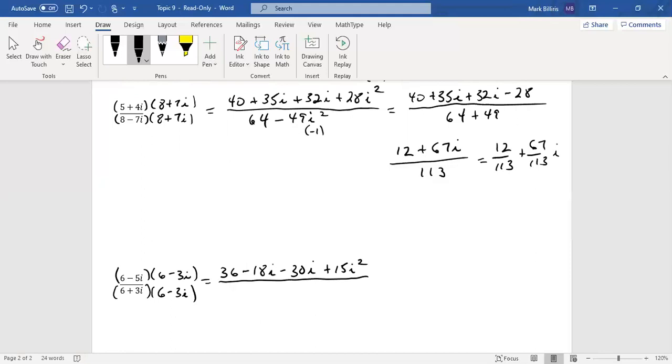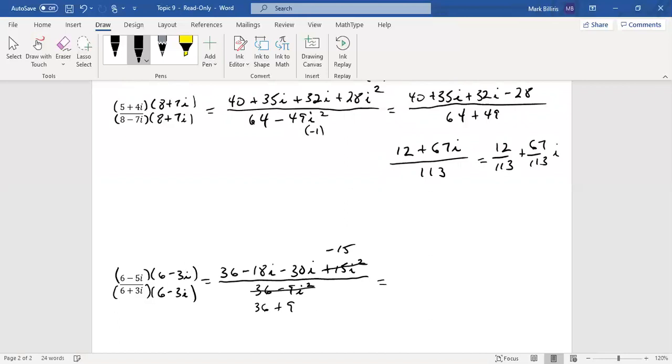All I have to do is multiply the first two together. So 6 times 6 is 36. And positive 3i times negative 3i gives me negative 9i squared. Keep in mind again, i squared is negative 1. So in the denominator, this would change to 36 plus 9, since negative 9 times negative 1 is positive 9. And in the numerator, 15i squared is 15 times negative 1, which gives me a negative 15.